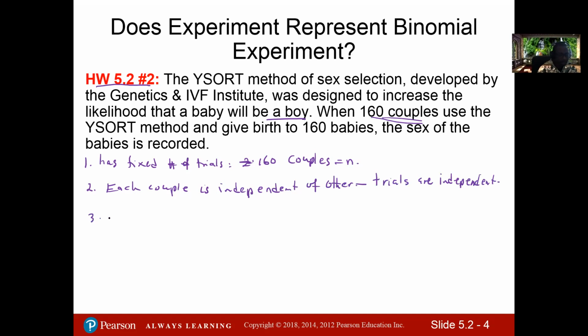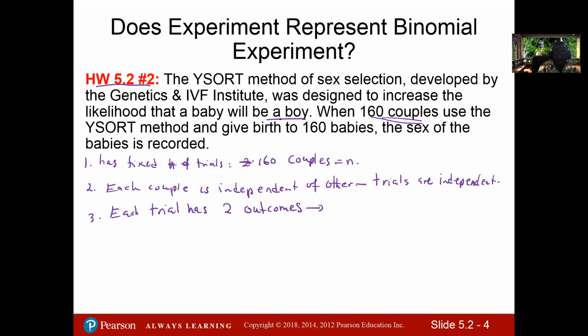Then 3, it says that each trial has exactly 2 outcomes. Now, what are the outcomes? Okay.